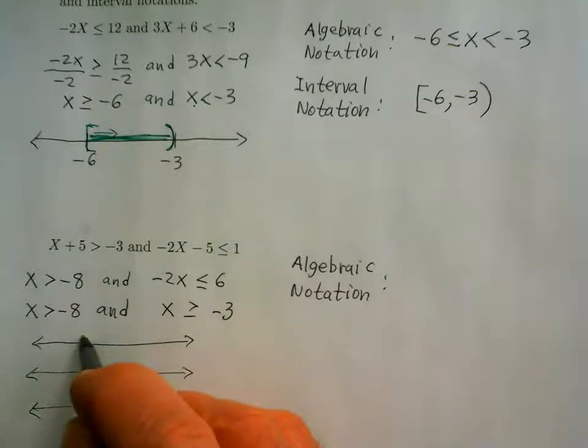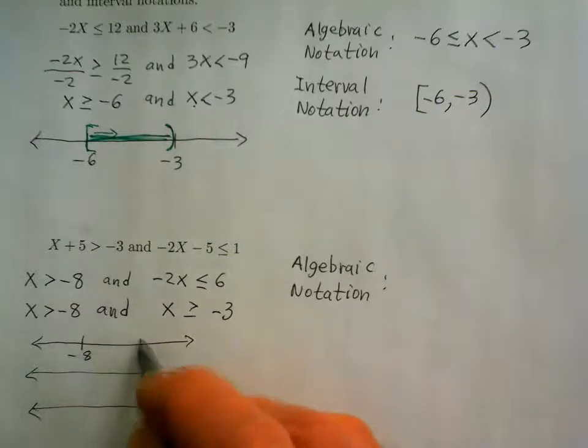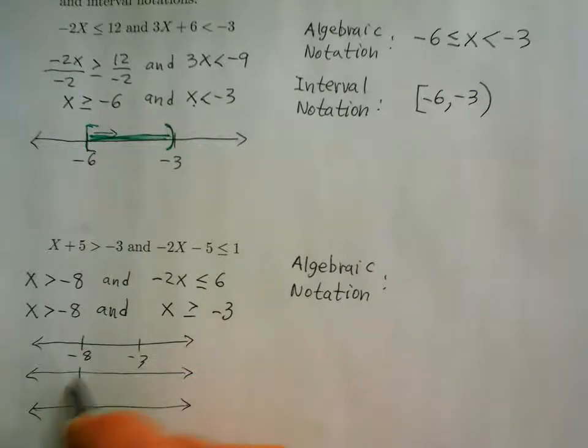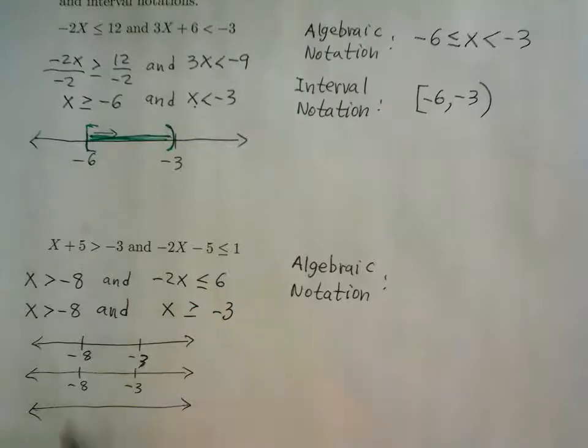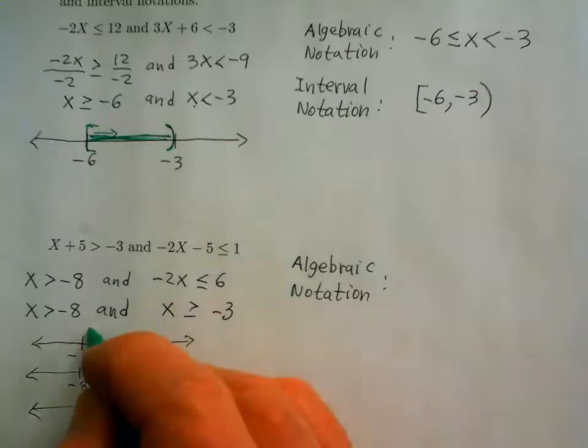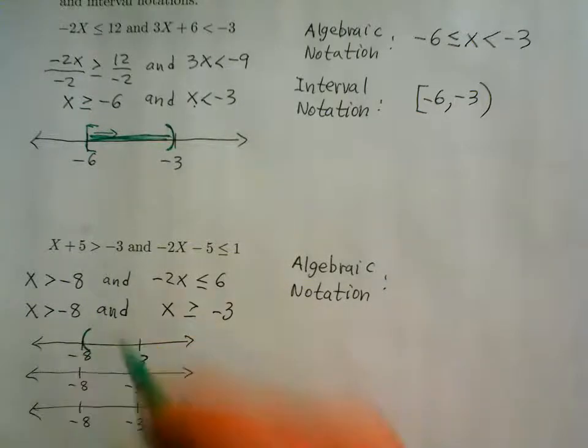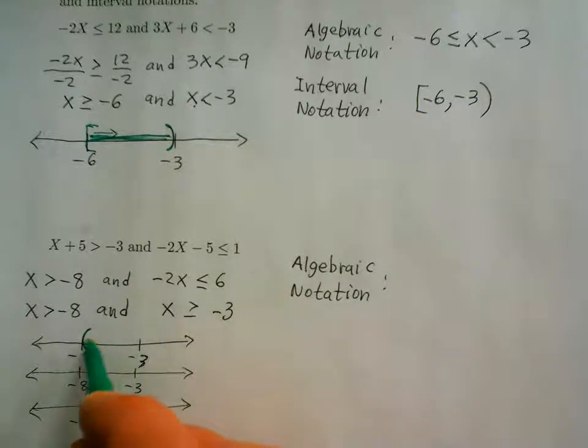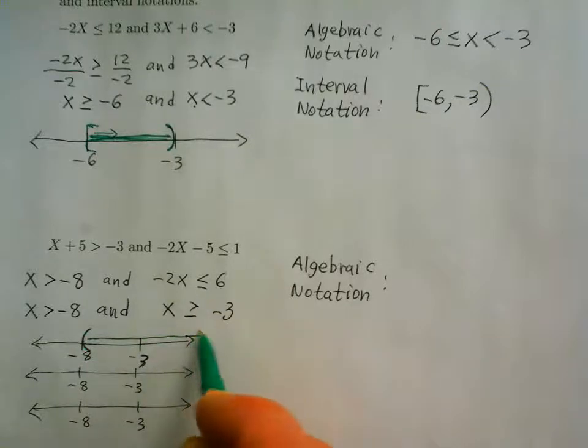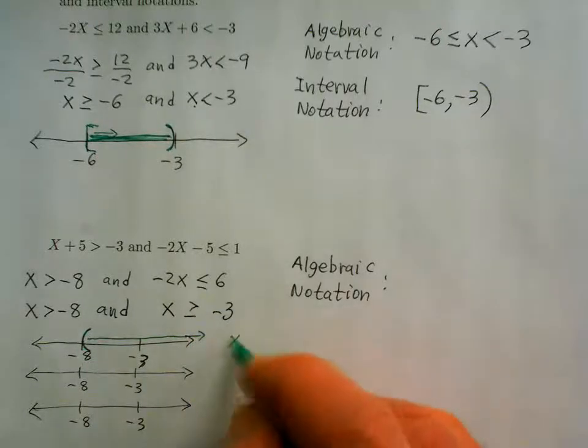So -8 is to the left of -3. So if x is greater than -8, it's from -8 to +infinity. This is x greater than -8.